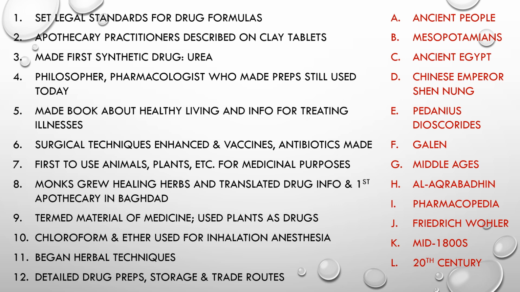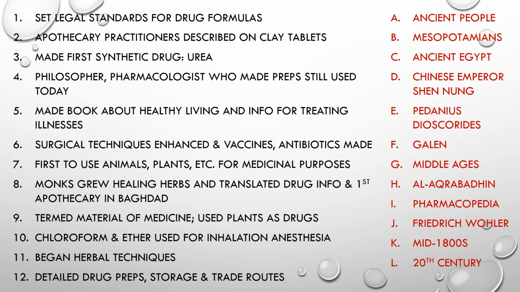All right, so the set of legal standards for drug formulas, that was the Pharmacopoeia. The apothecary practitioners described on cave tablets, that was the Mesopotamians. The first synthetic drug, which was urea, was produced by Friedrich Wöhler.